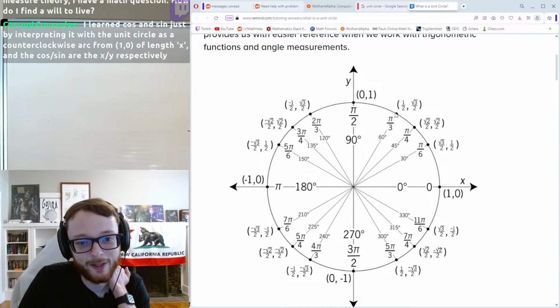It's like this pi over 3 angle and that 2 pi over 3 angle are very related. The only difference is this is positive 1/2 and that's negative 1/2. And you can work that out based on the quadrant you're in, because in quadrant 2, x's are negative, y's are positive.